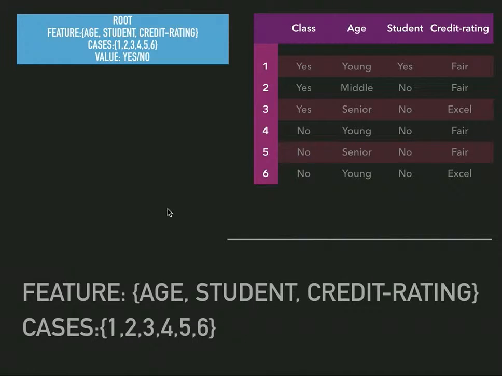So now the problem is simplified into how to build a node's children. In order to do that, we will need to choose an attribute from the node's attribute set, and to decide which attribute to use, we will choose the one that has the highest information gain.